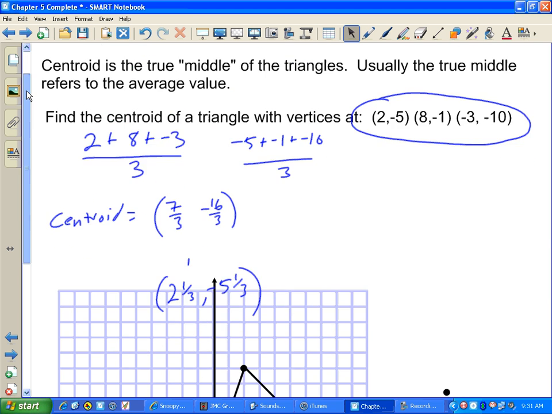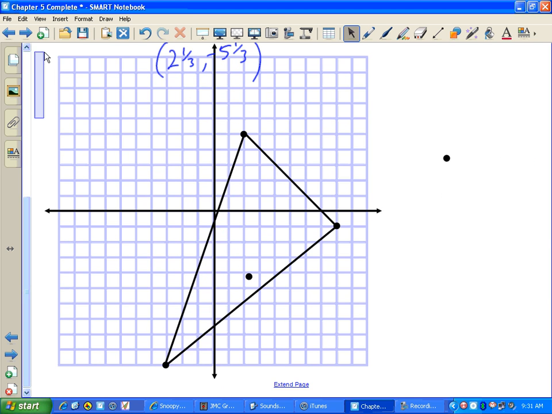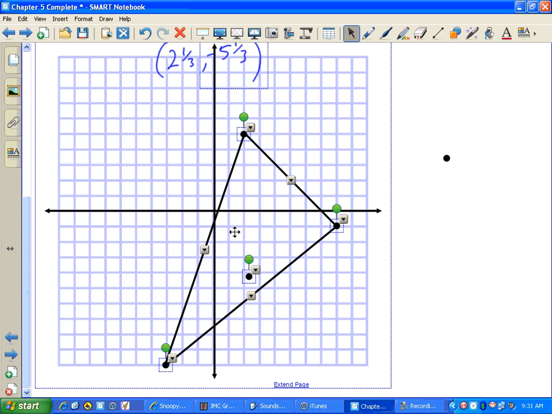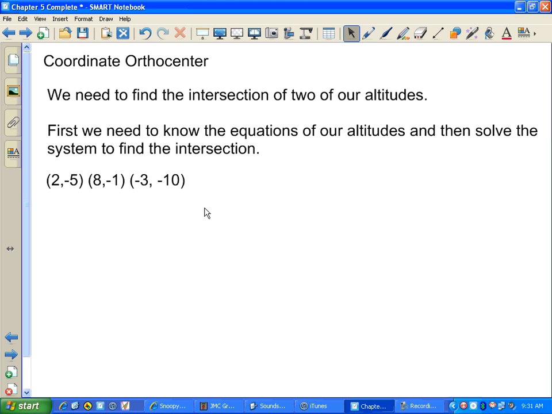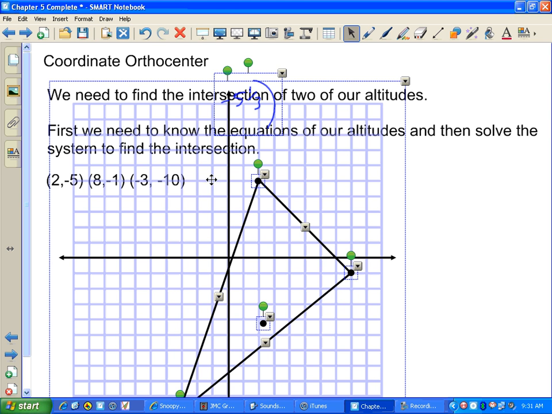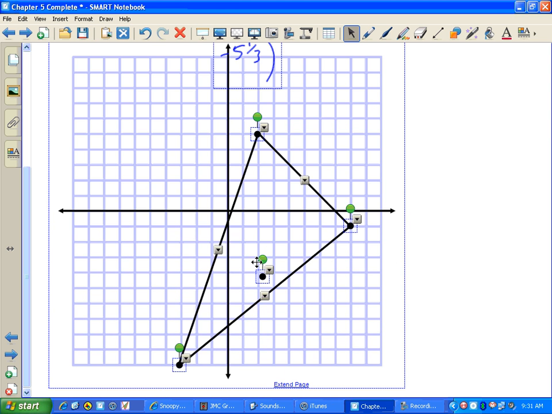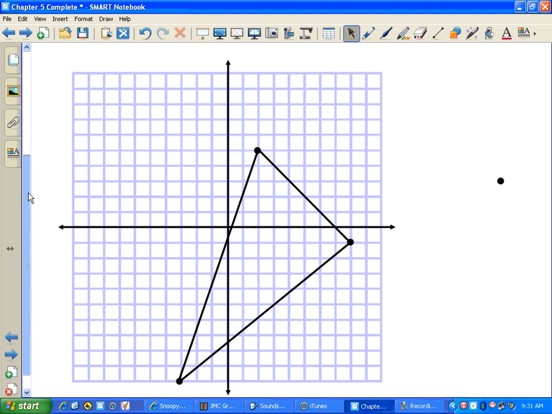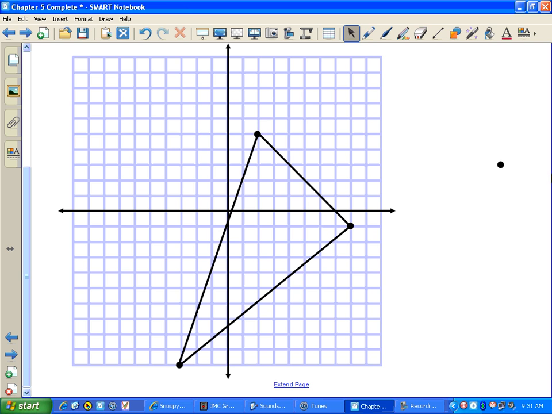So let's copy our picture over here, just so we can kind of see what's going on. I'm going to take my centroid out of there.